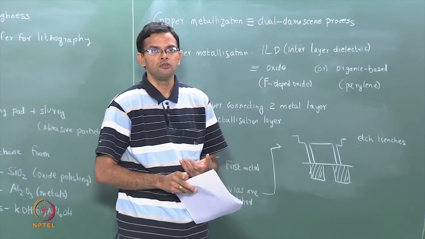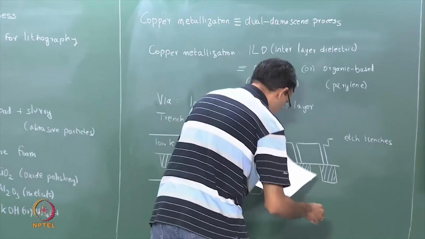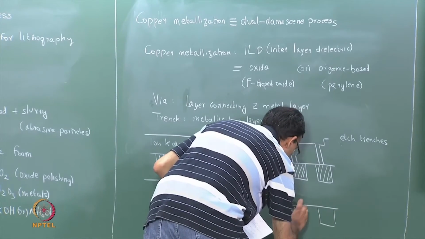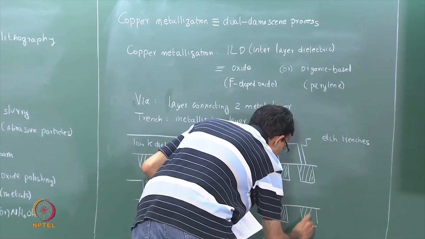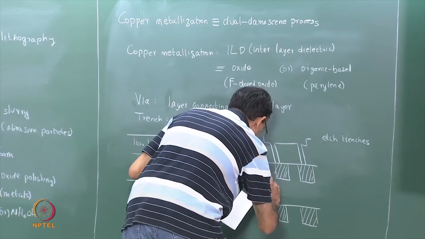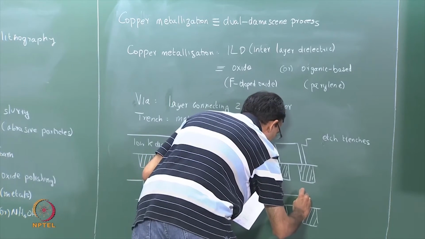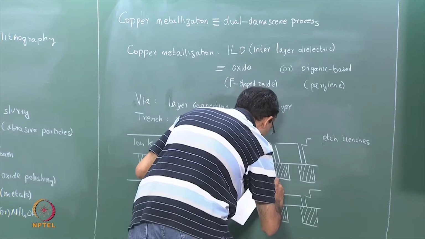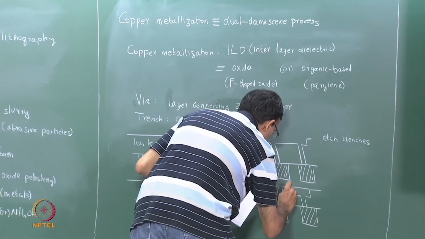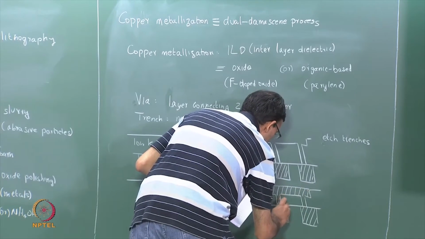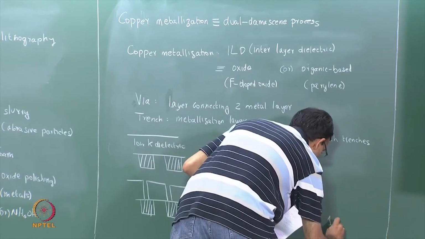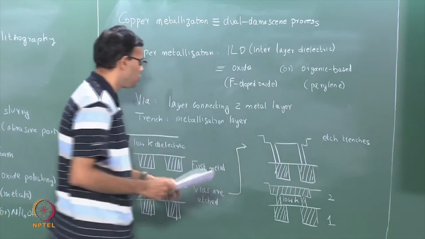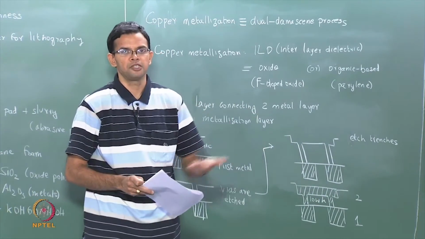The excess metal is removed by chemical mechanical polishing to give the final two layer metallization. So this is layer 1, that is layer 2, that is the low K dielectric. This process can be repeated to build the subsequent layers.